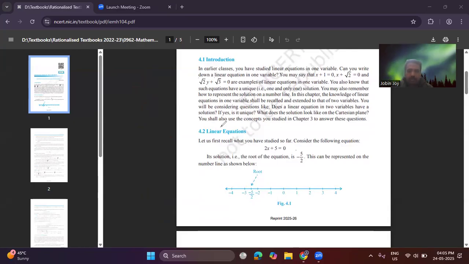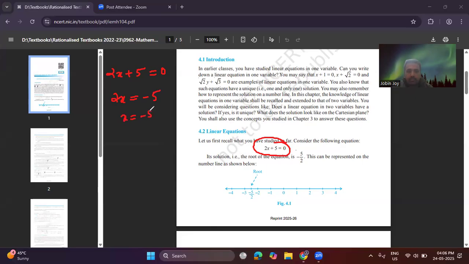So next we will enter into linear equation in two variables and its solutions. Okay, again one more example, linear equation in one variable. 2x plus 5 equal to 0. Again, this is a linear equation in one variable. There is only one variable x. So how will we calculate the solution? 2x is equal to minus 5.